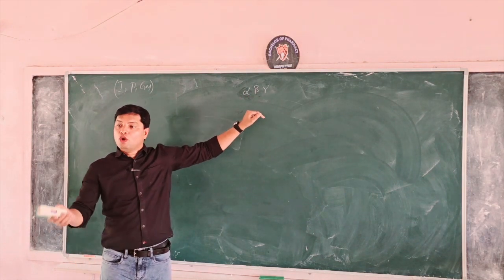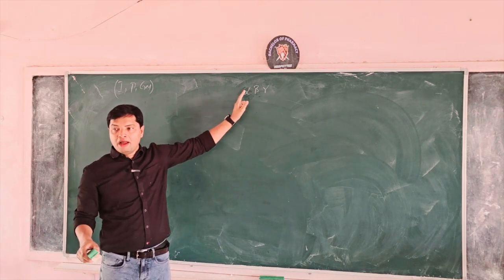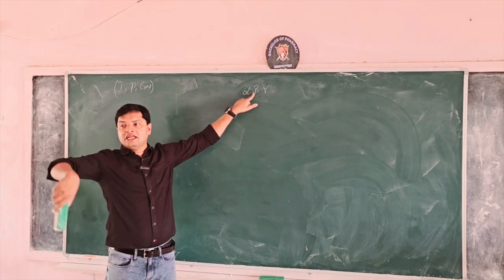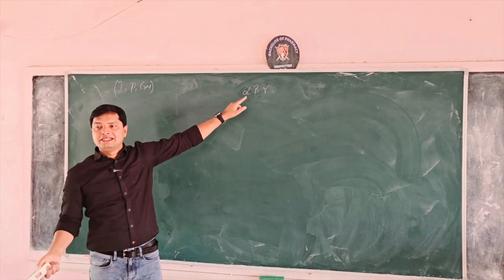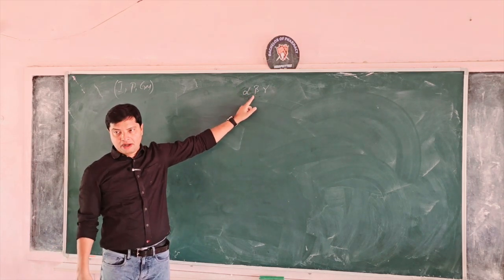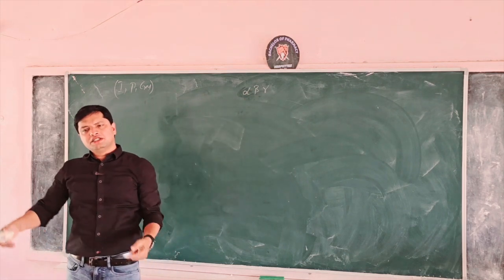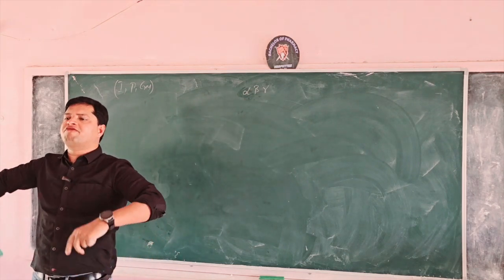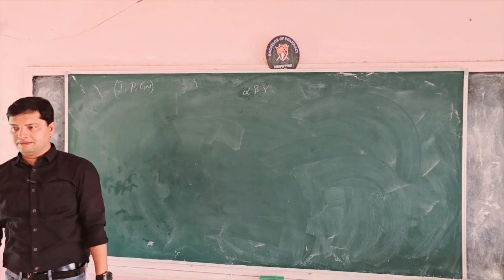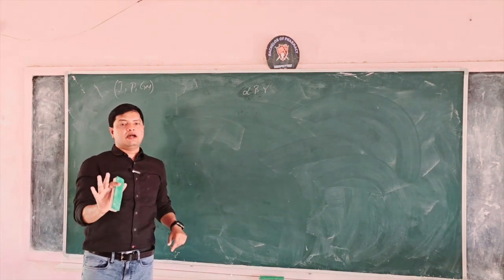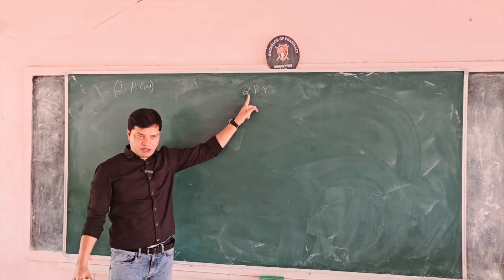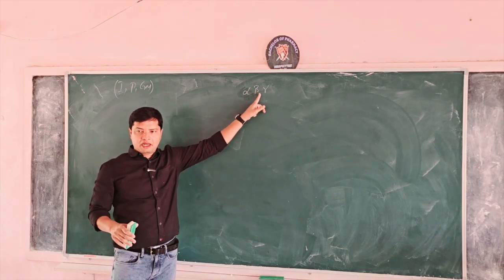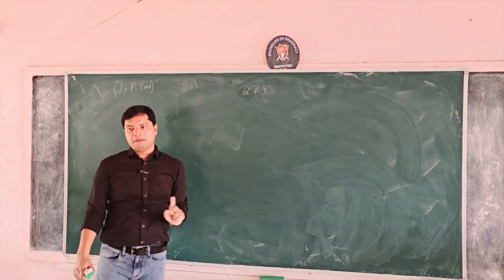Beta has lower ionization than alpha, but more penetration power. Gamma radiation has even less ionization but far more penetration. So regarding ionization, who has more? Alpha. Less, beta. Further less, gamma.